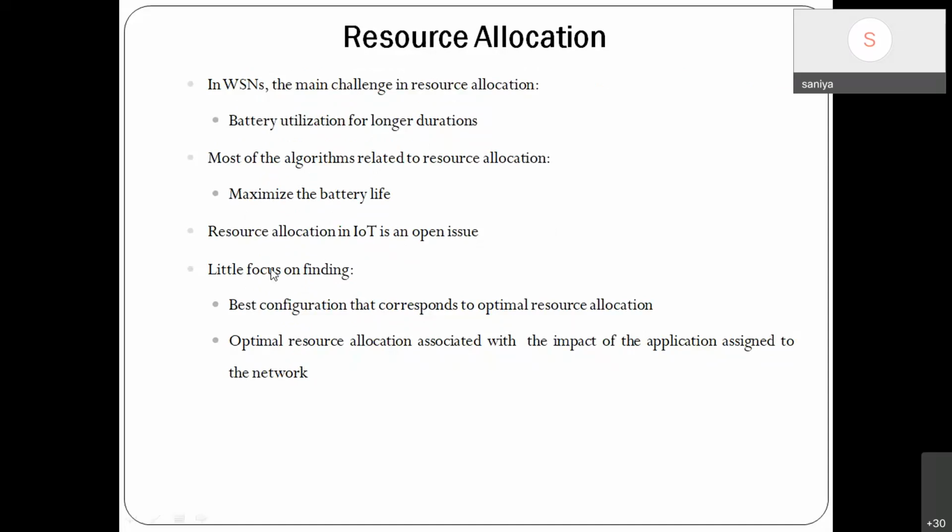So there is little focus on finding the best configuration that corresponds to optimal resource allocation, associated with the impact of the application assigned to the network. So there are very limited applications related to optimal resource allocation. And also we have seen that resource allocation in IoT is an open issue.